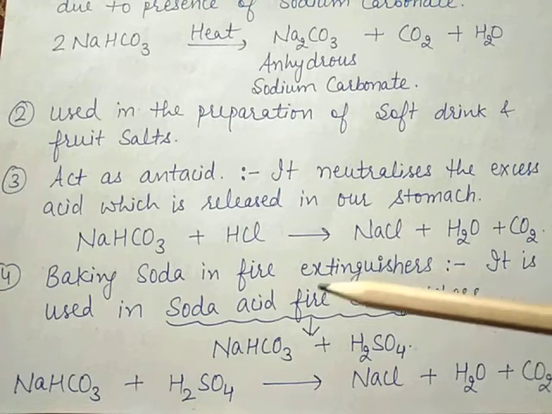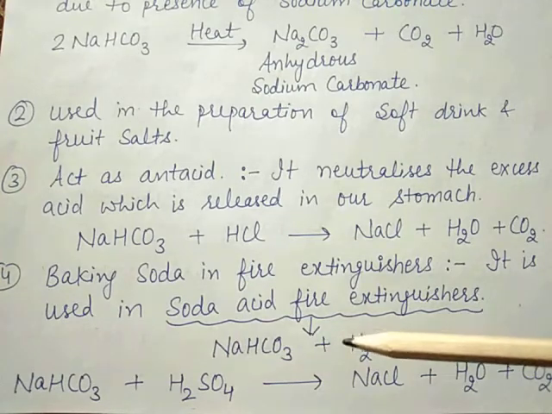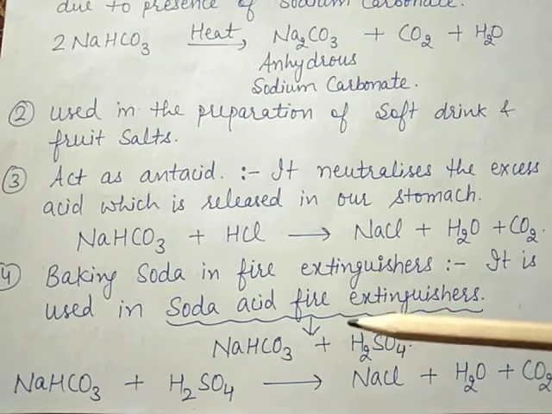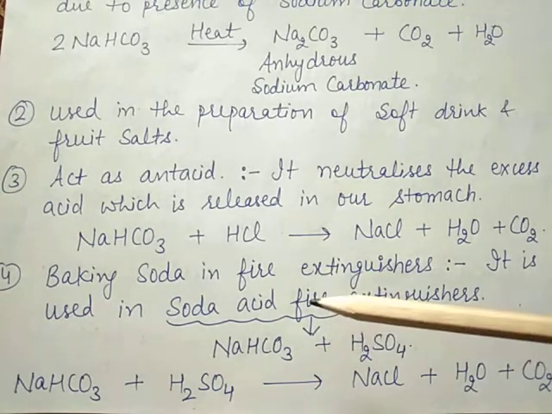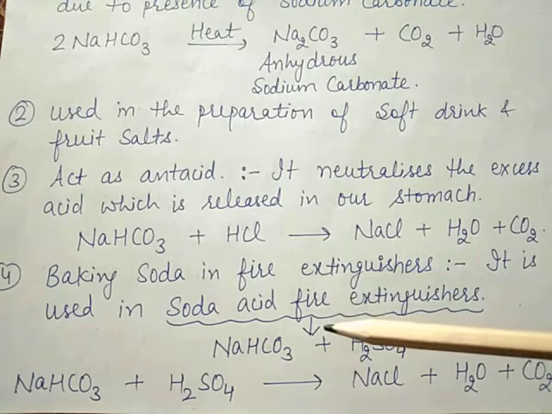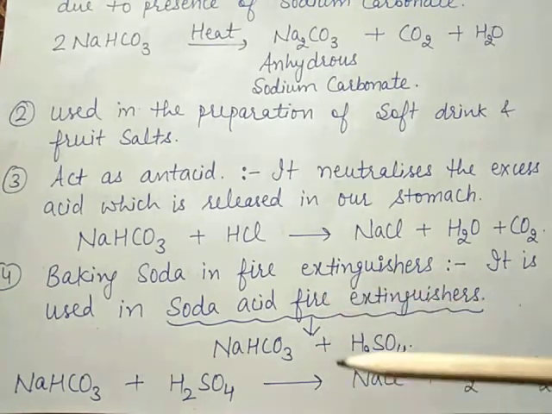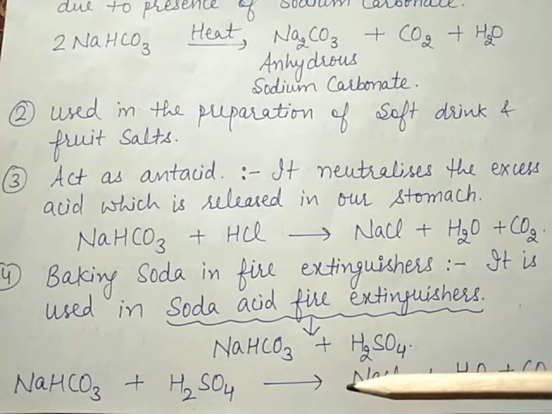The answer is that in hot weather milk is expected to decompose and release a large amount of lactic acid, which is likely to make the milk sour. So baking soda reacts with the acid to form a salt and water. In this way it neutralizes the acid and the milk does not become sour.